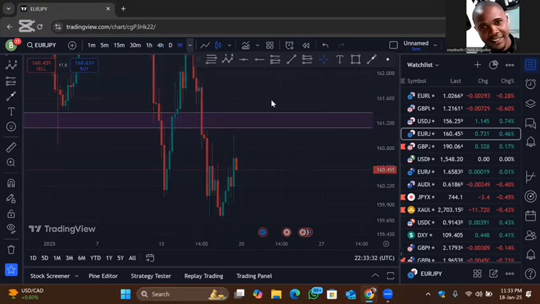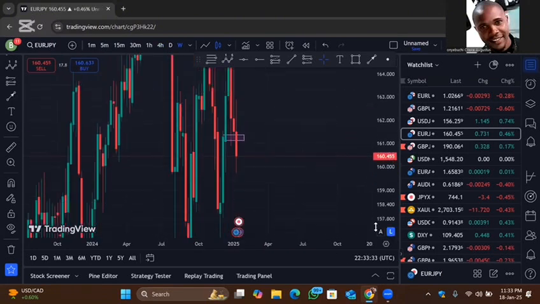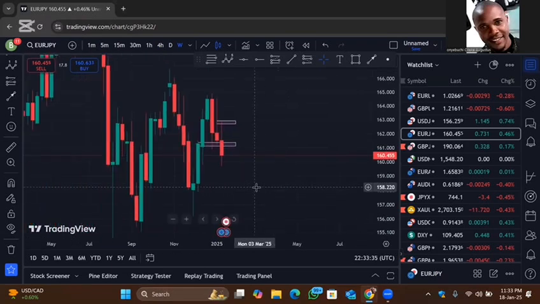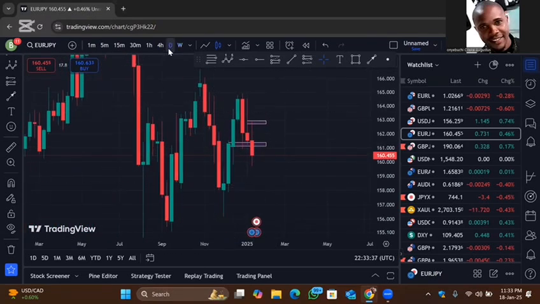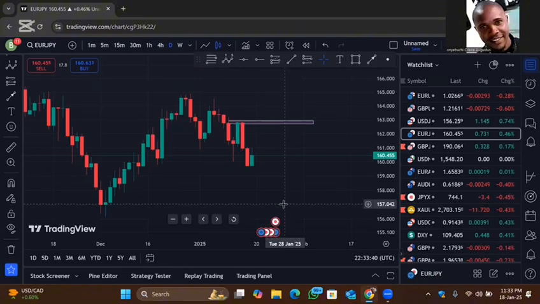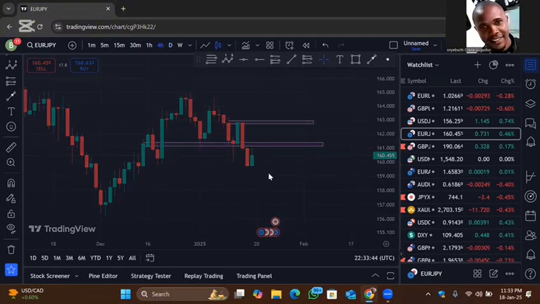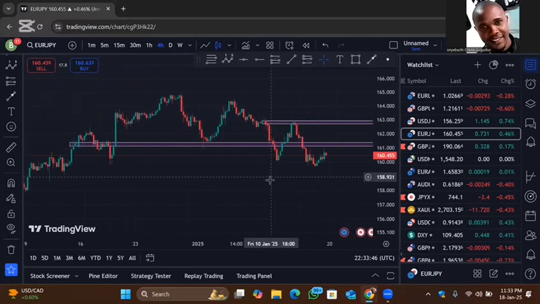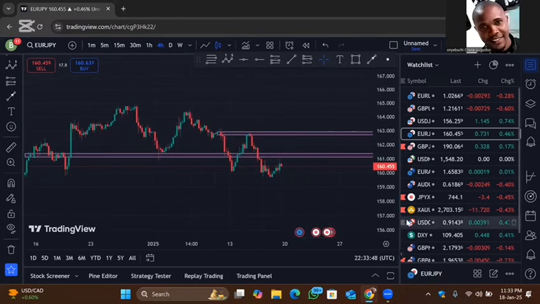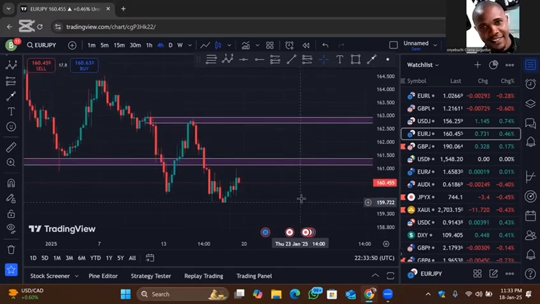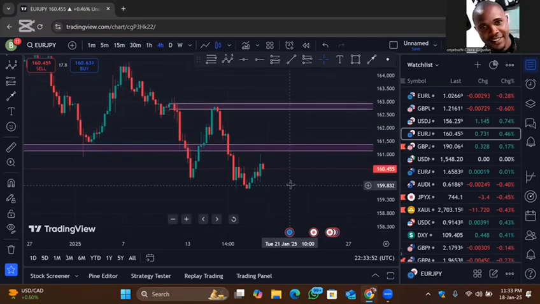So for example, let's head to the weekly time frame again, which is bearish, as you can see on the charts. Then the daily time frame is bearish, and the 4-hour time frame is also bearish. Guys, this is enough confluence for us to know that we have our short bias on Eurjpy come next week.